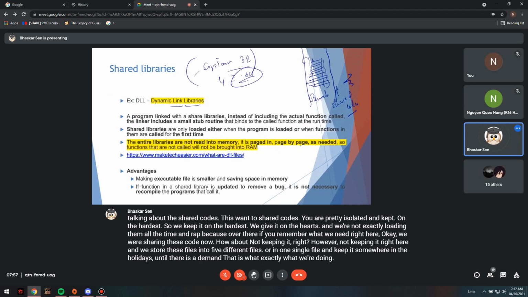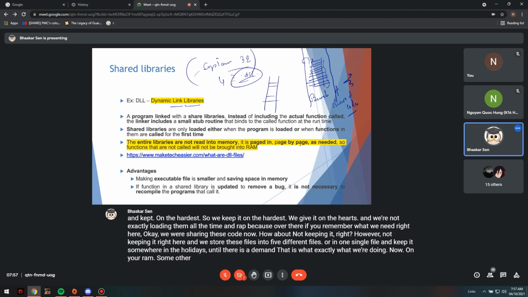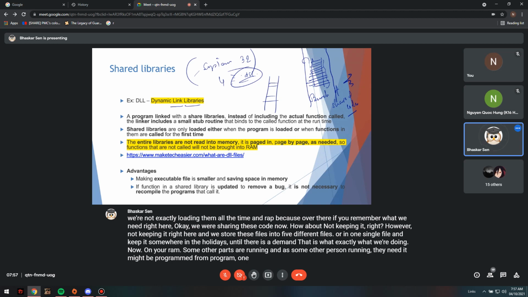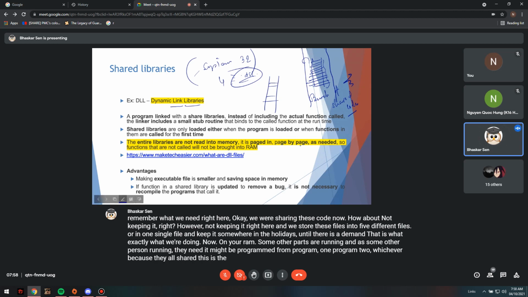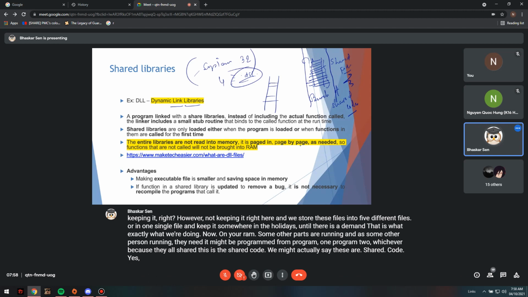Now, on your RAM, some other parts are running. It might be program 1, program 2, whichever, because they're all shared. This is the shared code.